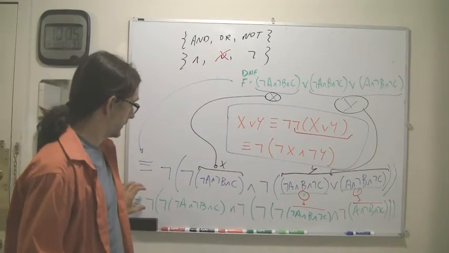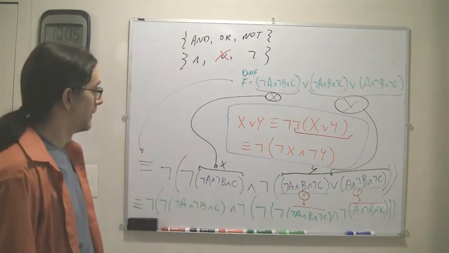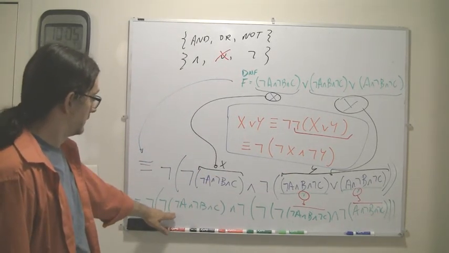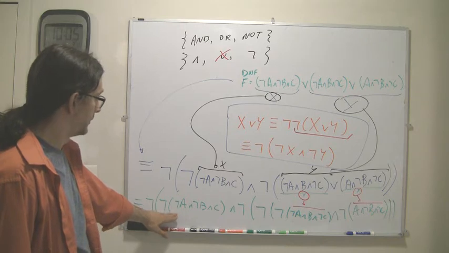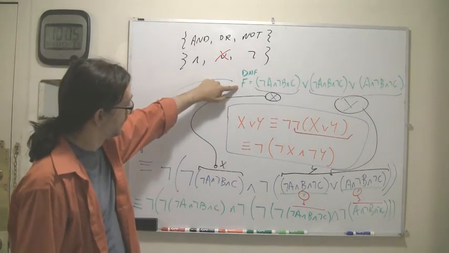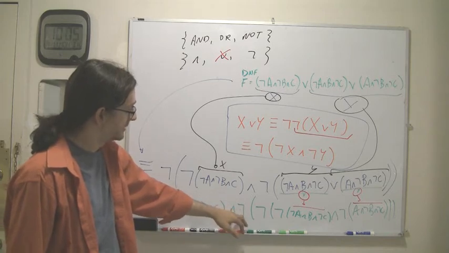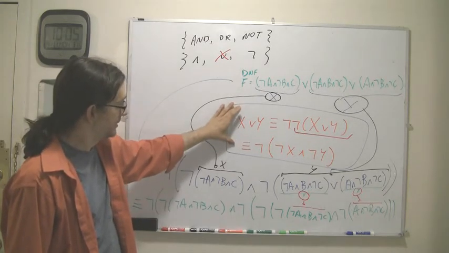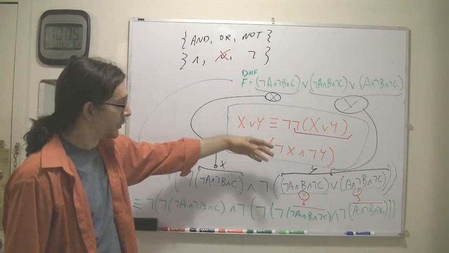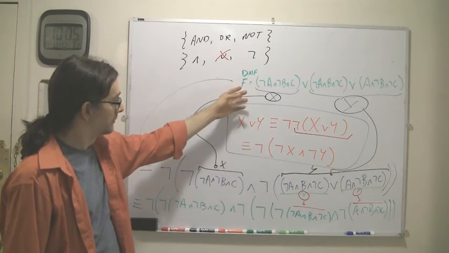This long convoluted expression here has exactly, precisely, the same truth table as this original one, but this only uses ANDs and NOTs. And using this formula, we can eliminate the OR from any such expression.